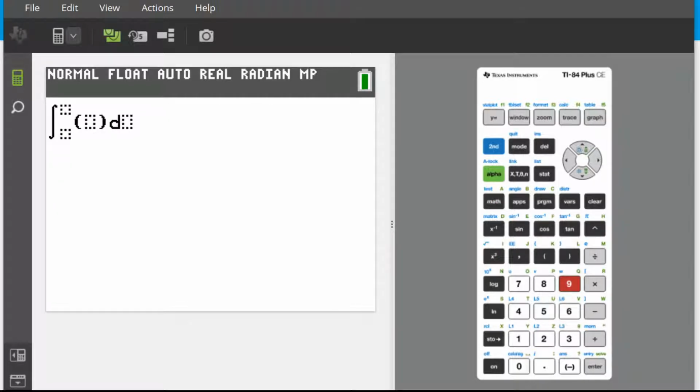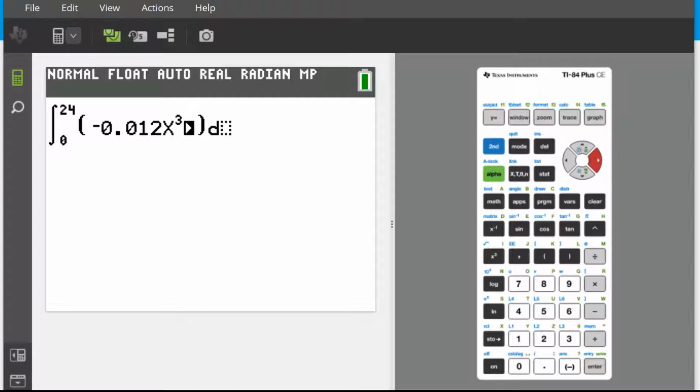Now the integration symbol pops up. For the lower bound on this integral, key in 0, and then for the upper bound, key in 24. Now where the function goes, carefully key in, use the negative symbol, not the minus, 0.012x, and then raise that to the power of 3.